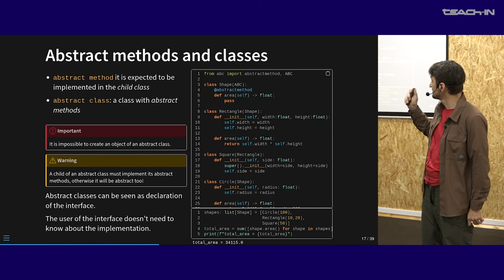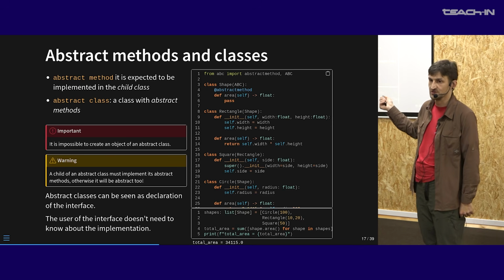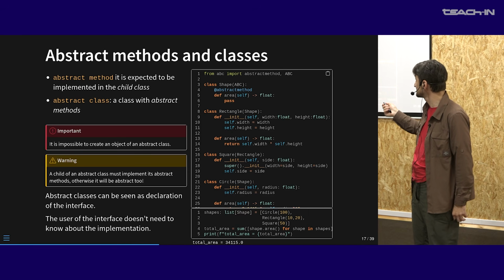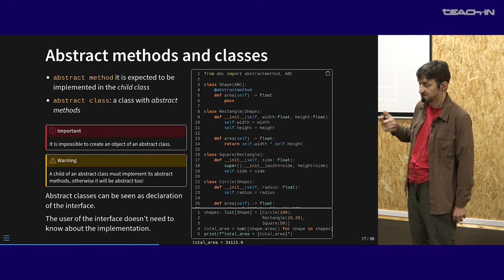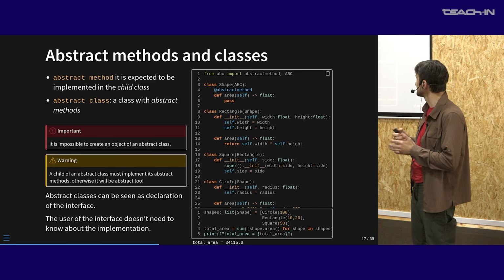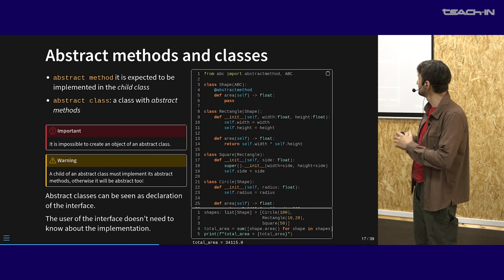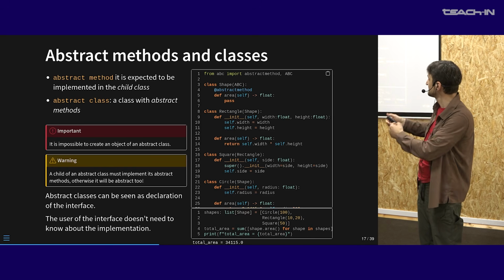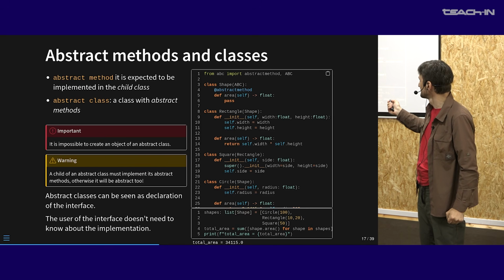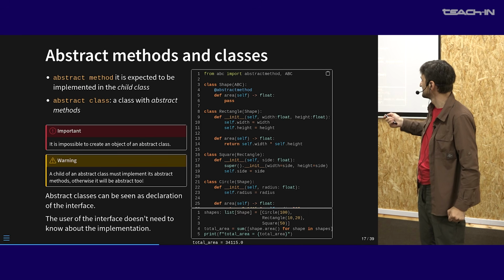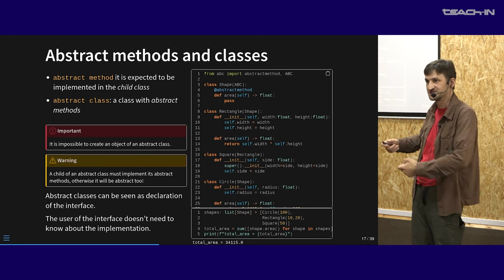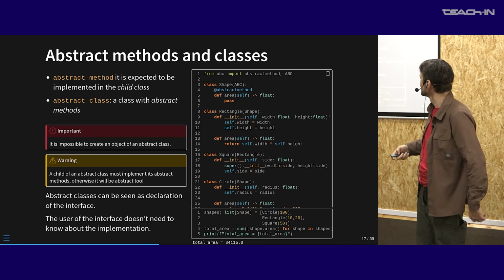And now to the important part, what we will work with: the abstract methods and classes. An abstract method is a method which is defined in the parent class, but it's not implemented. If a child inherits everything, this is like a debt: the parent has a debt which is inherited by the child and has to be paid later.